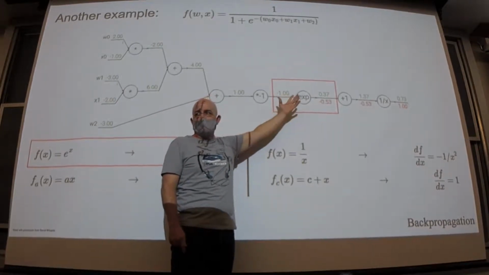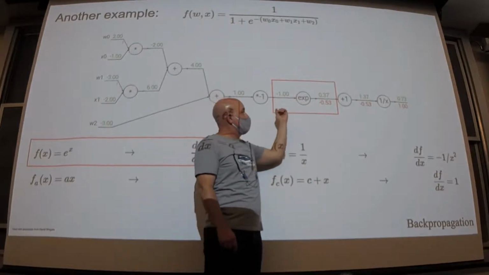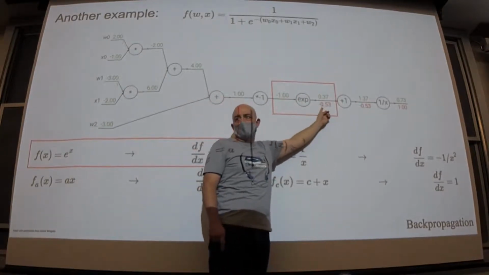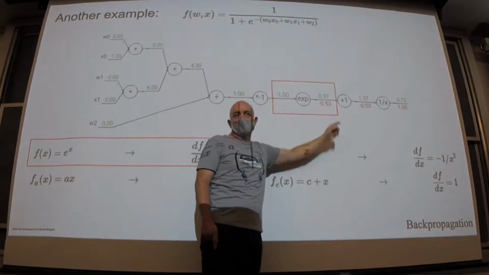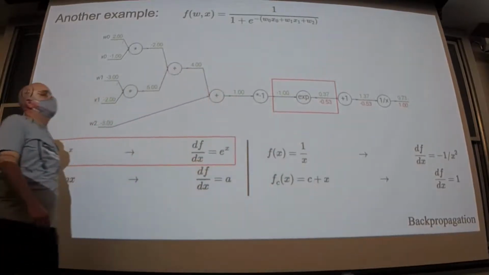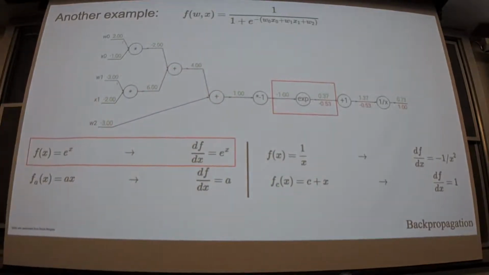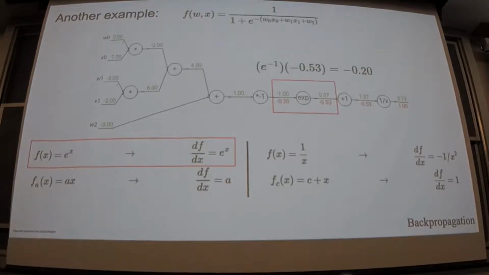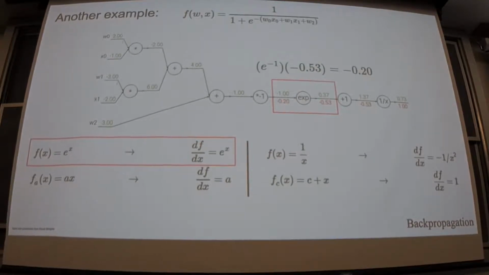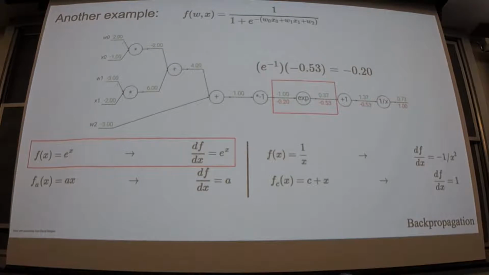So it's going to give us e to the minus 1. Then we multiply that by the downstream gradient, minus 0.53. That gives us a tricky number, and, oh, look, roughly minus 0.2.